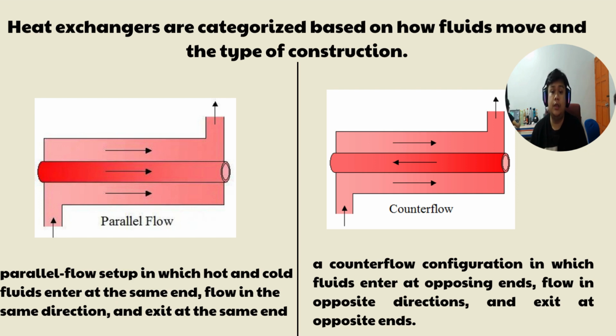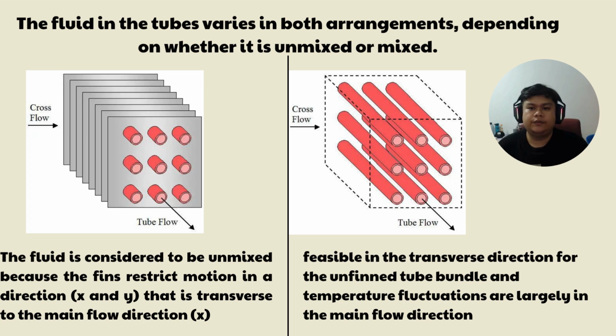For counterflow, it is a configuration in which fluids enter at opposing ends, flow in opposite directions, and exit at opposite ends. The fluid in tubes varies in both arrangements depending on whether it is unmixed or mixed. The fluid is considered to be unmixed because the fins restrict motion in the directions x and y that are transverse to the main flow direction x.